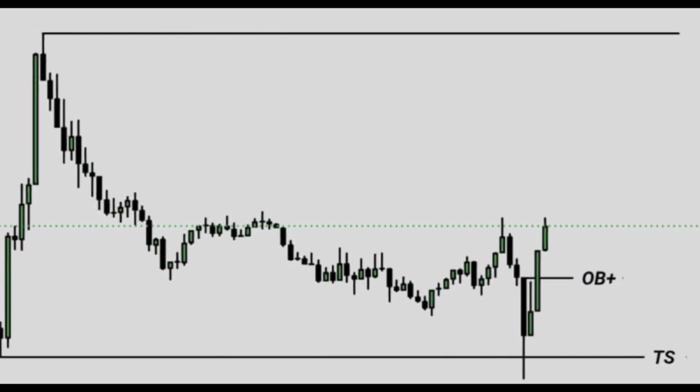When you go to your lower time frame, all you want to do is wait for the candle to dip into either the high of your candle range or the low of your candle range. That means the market has to sweep the low or the high of your candle range that you marked in the higher time frame.